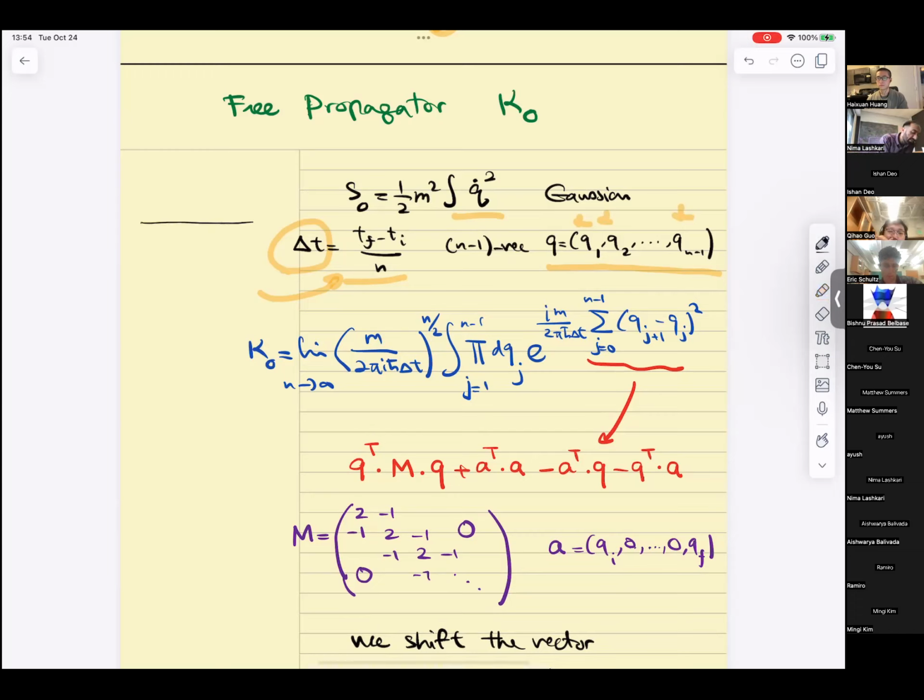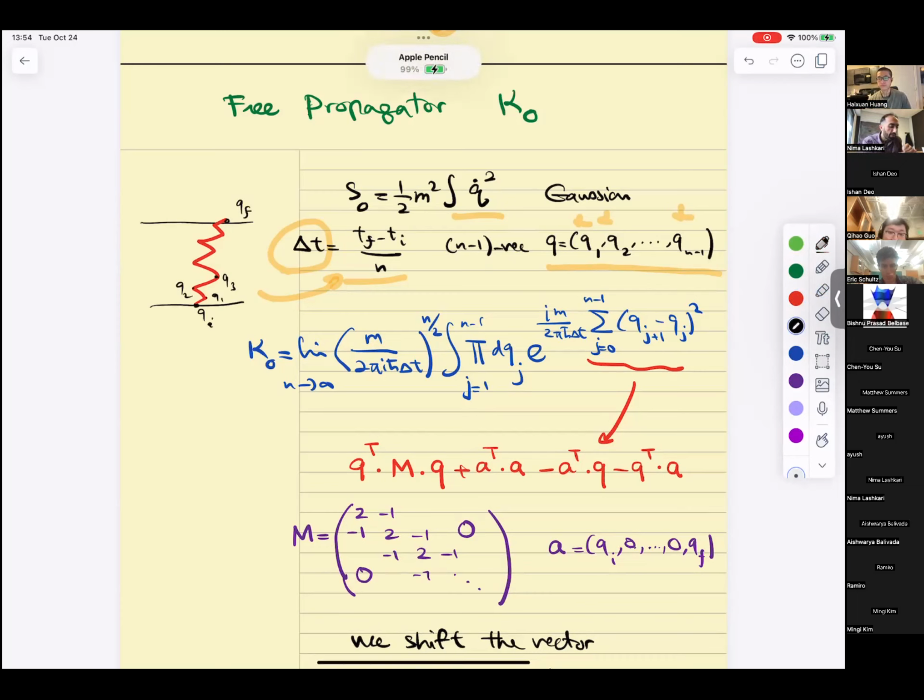So it's a particular path. This is Q0, this is Q1, this is Q2, this is Q3, this is QF, QI, right?